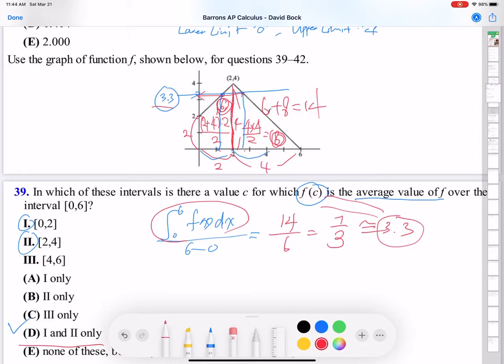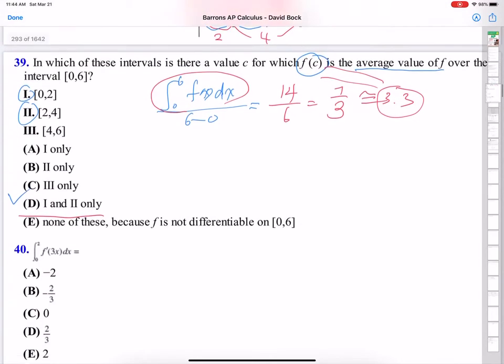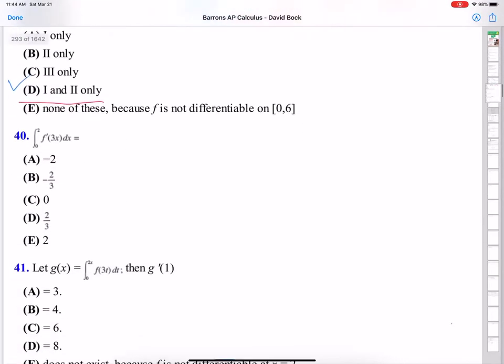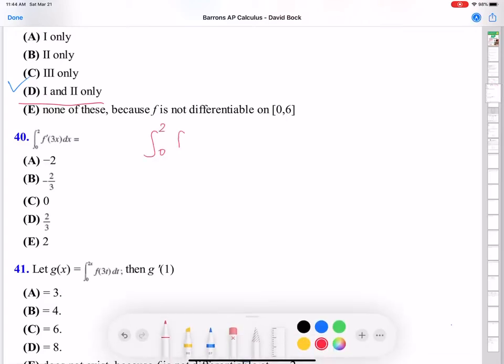Okay, the last problem of this exercise is number 40. Integral 0 to 2 of f prime of 3x dx. I'm going to find the integral of f prime of 3x dx first, okay? It's kind of a substitution.